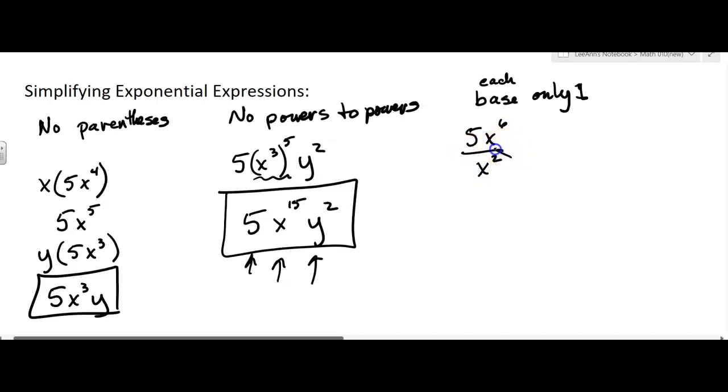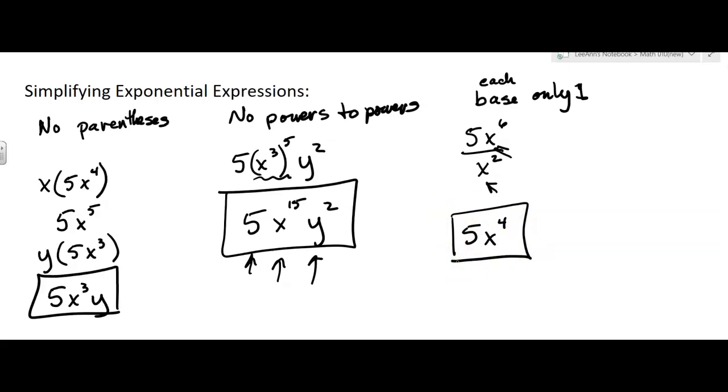Well, you've got a base of x there and a base of x here, so more can be done. 5x to the 4th. So this is like we're talking about having multiple steps, and how do you know when you're done? Okay? And also we don't want negative exponents and no zero exponents.